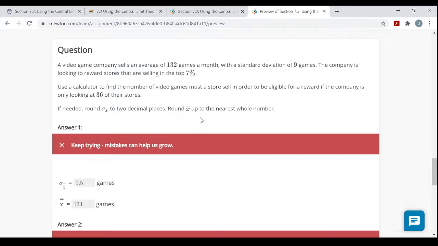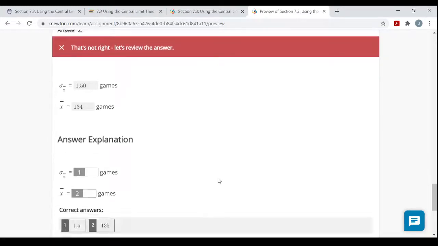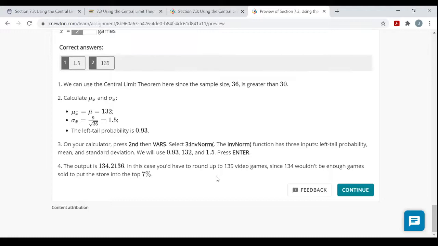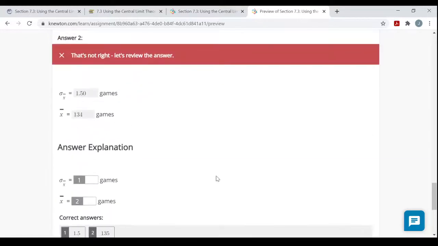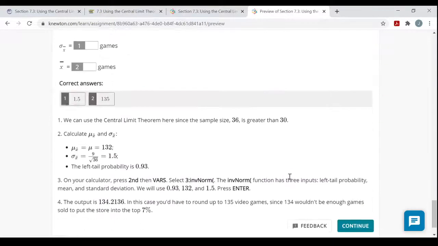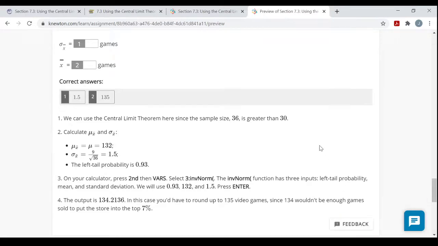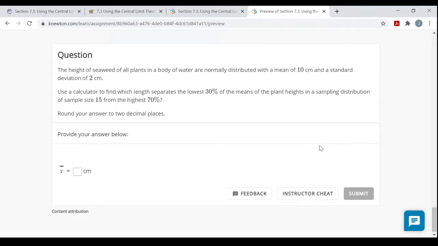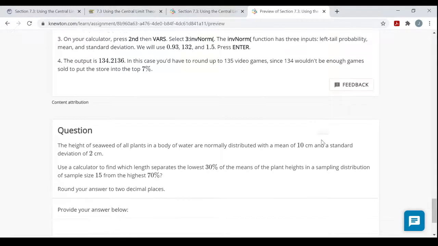Okay. Read carefully, folks. It did say round up to the nearest whole number, so that 134.2 that I had should have been bumped up like it asked me to, to 135. My apologies. I did not read that carefully enough. I just saw round to nearest whole number. Round up. All right, so my bad. But I did everything correctly. So everything I just did is what you need to do for this kind of a problem.